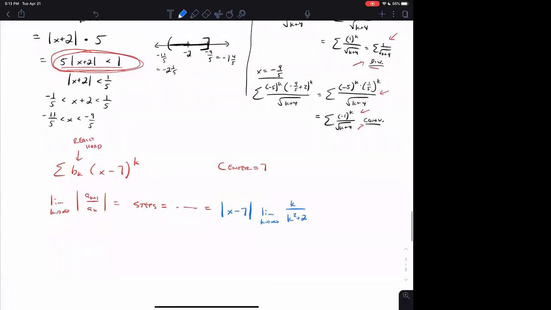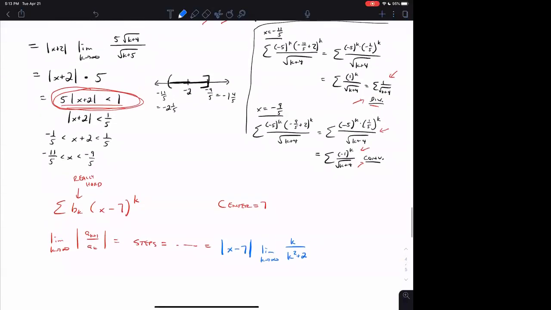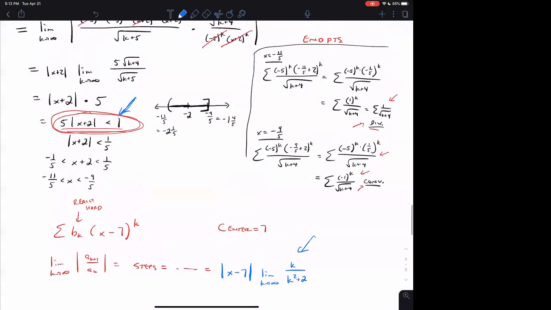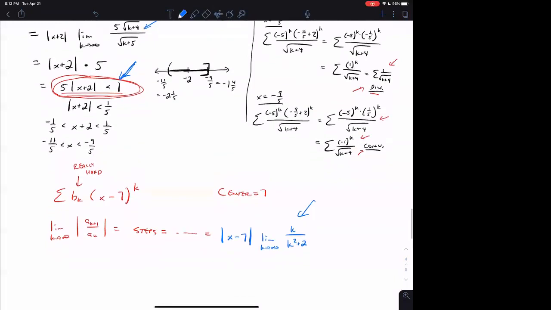Okay, so let's say you get that. Everybody get what I'm saying? So the circled step that I've got up here, this is what you get at this stage. Does that make sense?